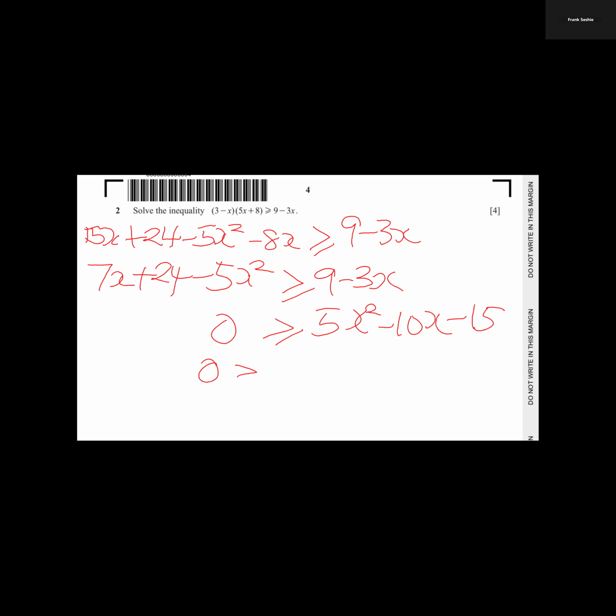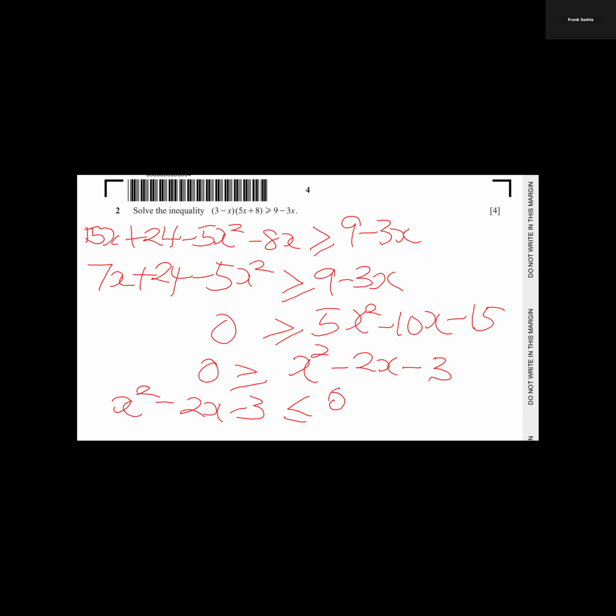So 0 greater or equal to, we can divide by 5. We'll have x squared minus 2x minus 3. 0 is greater than that. Or if we send everything back there, we can say x squared minus 2x minus 3 is less or equal to 0.